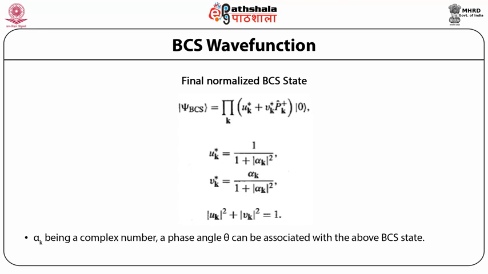So alpha, being a complex number with phase angle theta, can also be associated with the above BCS state. The capital N, which is the number of particles, is not fixed, which according to BCS has an uncertainty of the order of square root of N.